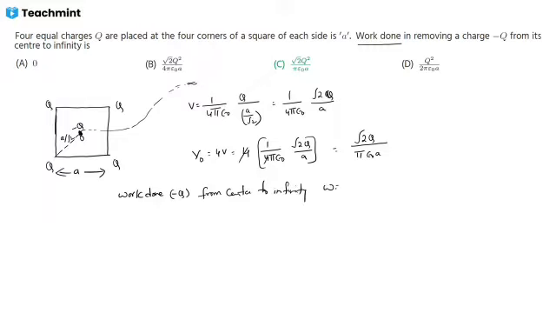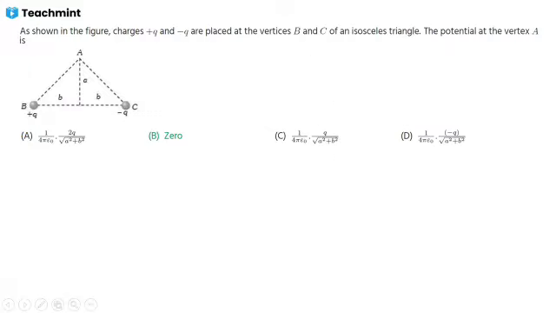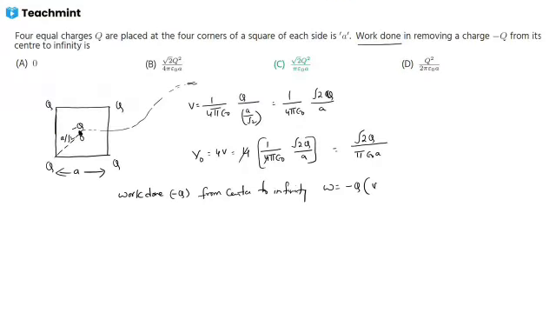Work done is equal to the charge into the potential difference, that is minus q into V infinity minus V naught, which is equal to minus q into the potential at the center due to the four charges, root 2 Q divided by pi epsilon naught A. Here minus into minus is plus.